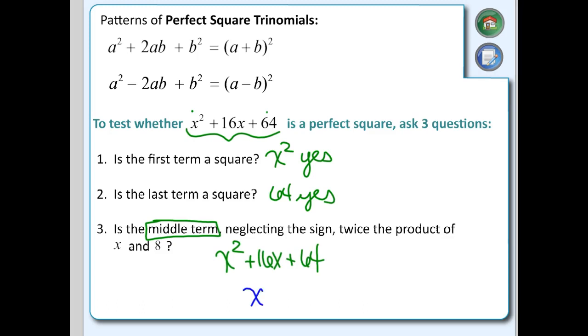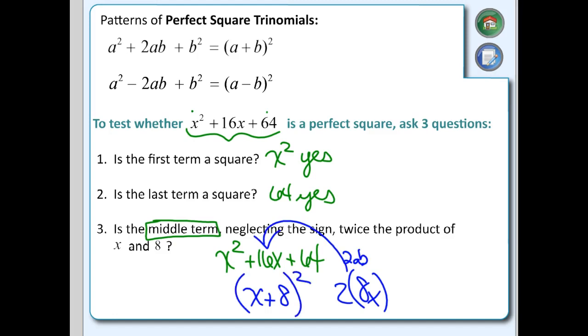And because both of these are plus, mine's going to be plus. And 64 is a perfect square, that's 8. Now, here's how I check the middle. Remember, we multiply these two together, which is going to give me 8x. And remember, we've got to double it to get that 2AB, and that gives me 16x. Well, guess what? My middle checks, and so this is considered a binomial squared. Got to let that sink in for a minute.